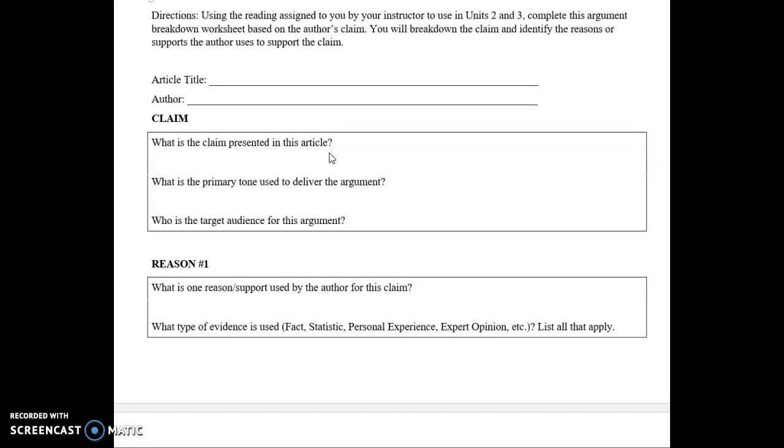So what you're looking for is, as we've talked about before, the main idea, the thesis statement. Not everything we read has an explicit thesis statement. Sometimes the thesis statement is implied. It's going to be up to you to determine that. Ultimately, what I'm looking for here is a restatement in your words of what the main point of the article is.